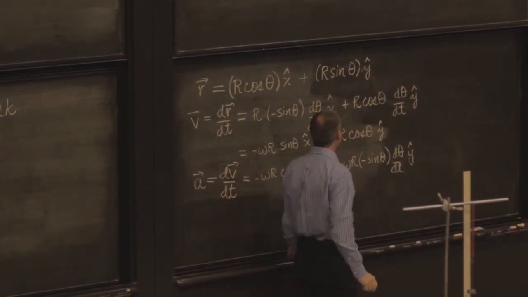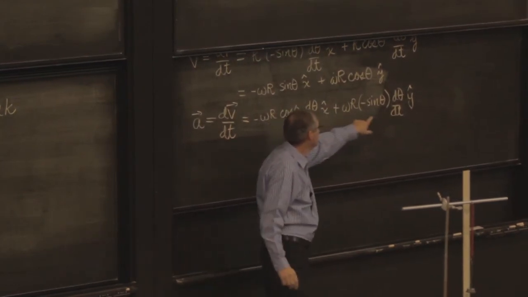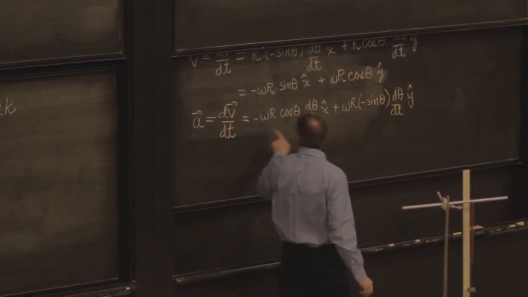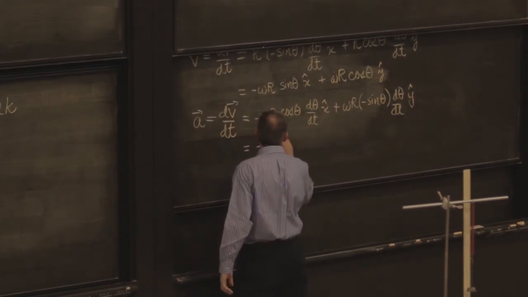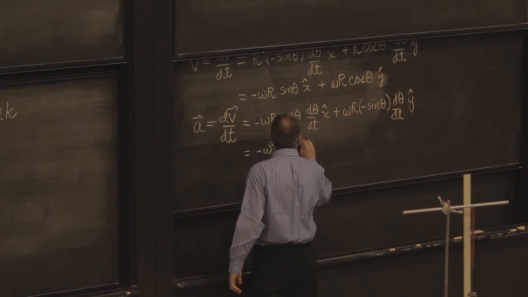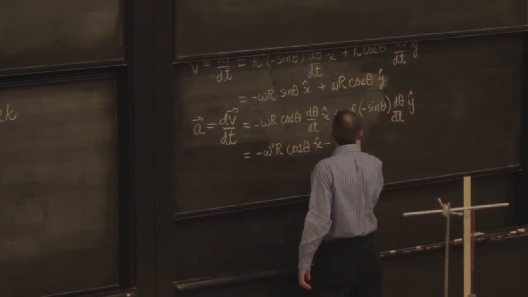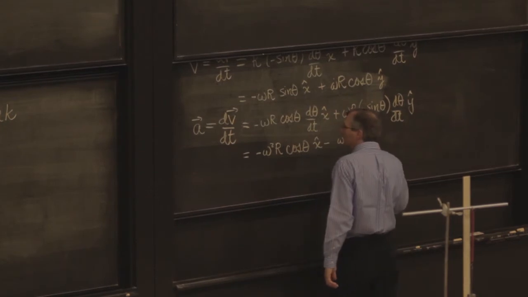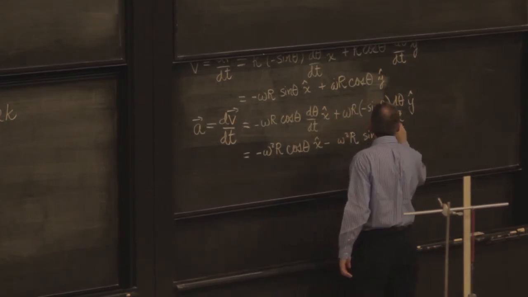So it's time to tidy up. Each one of these is another factor of omega, and both of them are negative now. So we have minus omega squared r cosine theta in the x, minus omega squared r times sine theta in the y.